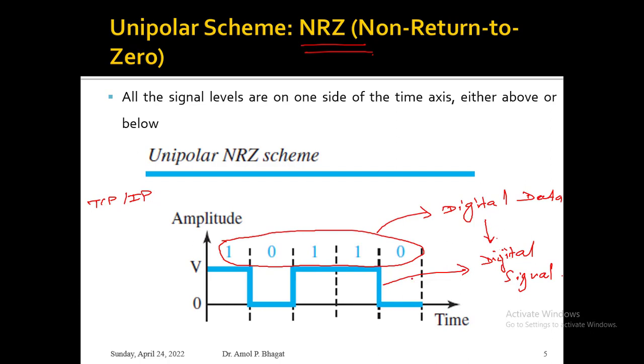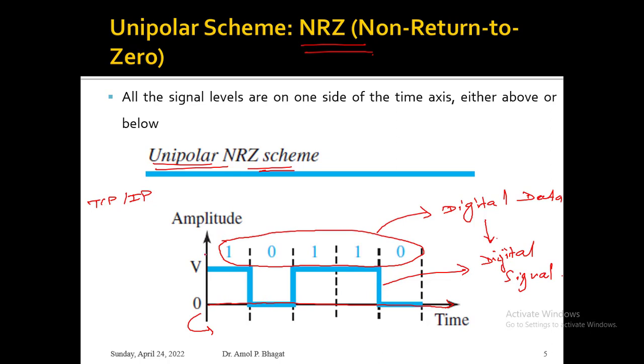digital signal format, right? So as you can observe, in case of the unipolar NRZ scheme, this particular signal is represented only on one side of the time axis. So this is your time axis, right? The signal can be either above the time axis or below the time axis.